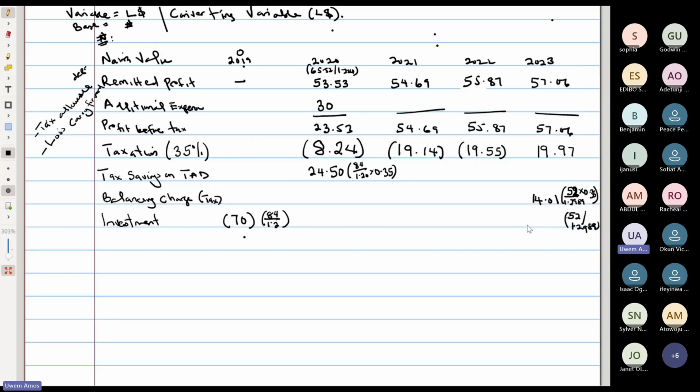Let me double check that. Yeah, 40.03. Rather than outflow, this is an inflow, because we're selling the assets. So let's now determine what our net cash flow is.